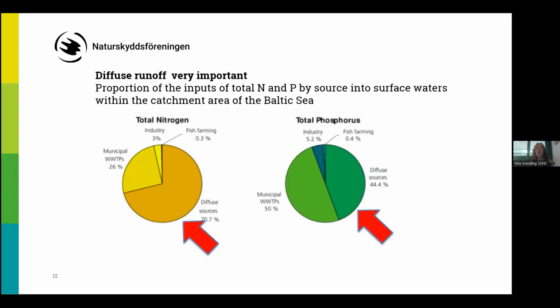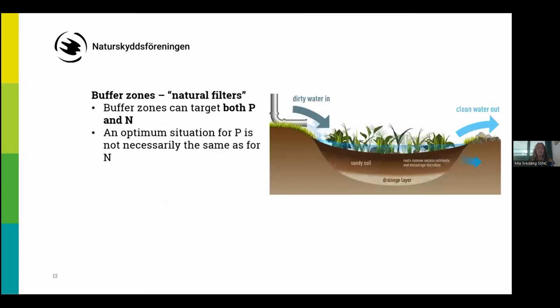So the buffer zones are really great to take care of the diffuse runoff. It's really important to mitigate this kind of pollution, because buffer zones act as sort of natural filters. So in a natural way, they take care of nutrients and other substances. They can target both phosphorus and nitrogen.